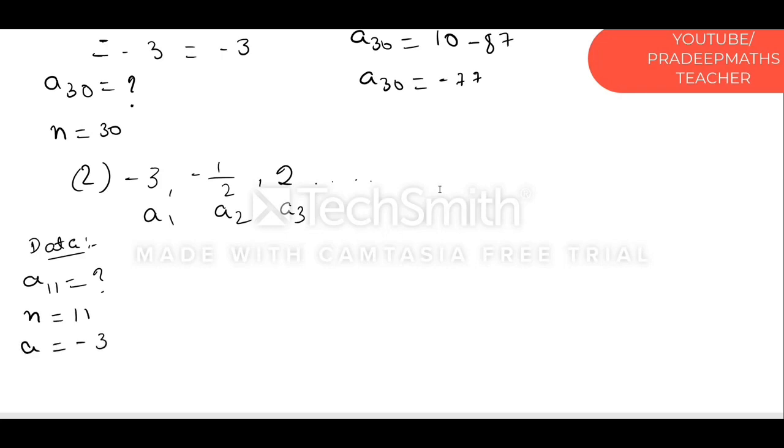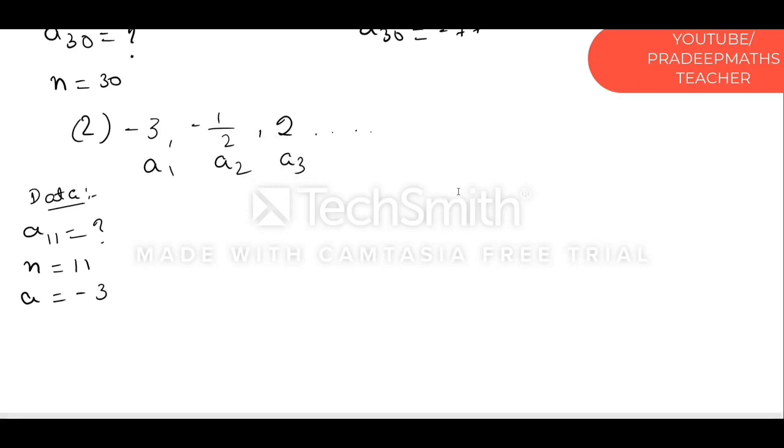Next you need to find the common difference, because the formula to find the a11th term, as usual the nth term formula, you need to use. So therefore a plus n minus 1 into d. Children, from the next class I'll not write like this. If you need to find the 11th term, you apply 11 in the place of n.